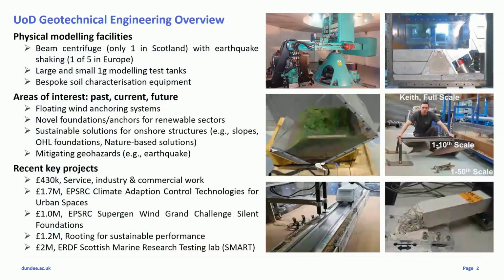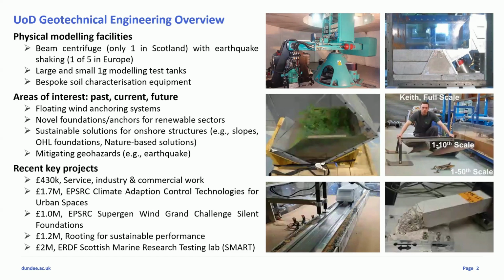Just a very quick overview of University of Dundee geotechnical engineering. Currently we have a beam centrifuge, the only one in Scotland, with many users from Cardiff. We also have earthquake shaking equipment and bespoke soil characterization equipment. Our current interest is more about floating wind anchoring systems.